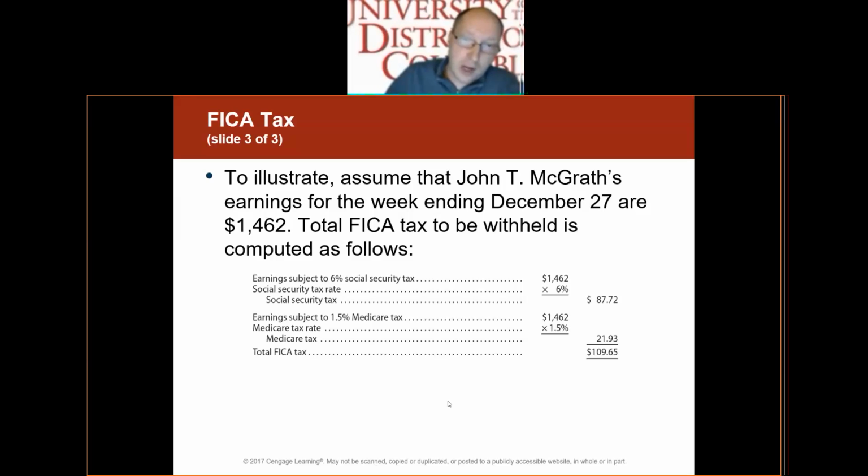So you take your 1,462 multiplied by 6%, which means John has to pay $87.72 in Social Security tax. And then we have the Medicare tax, 1,462 times 1.5%. That's $21.93. So the total taxes that John's paying for that week is $109.65.